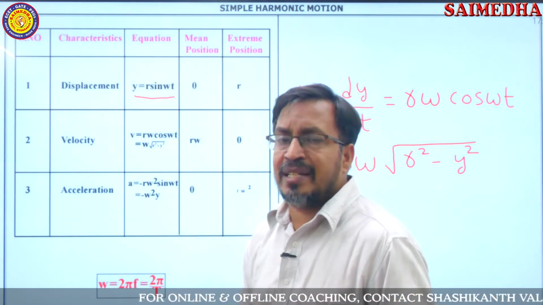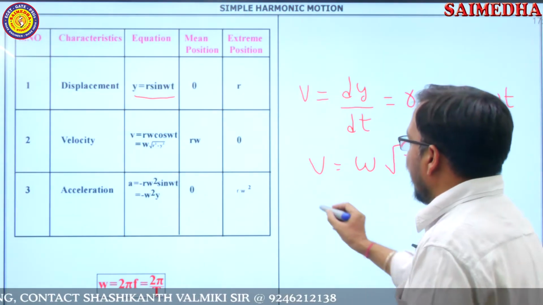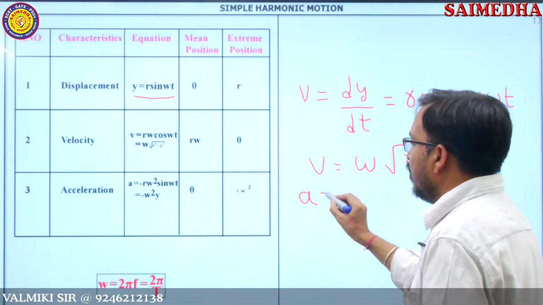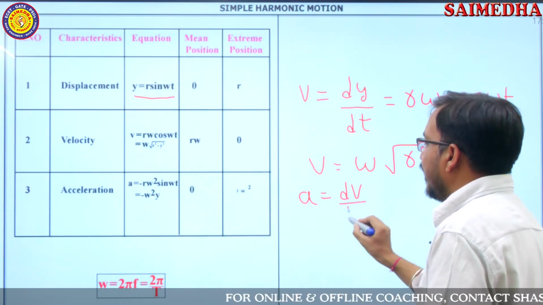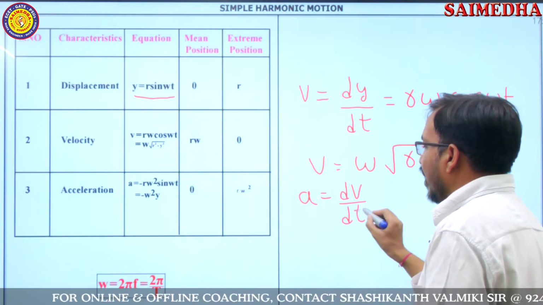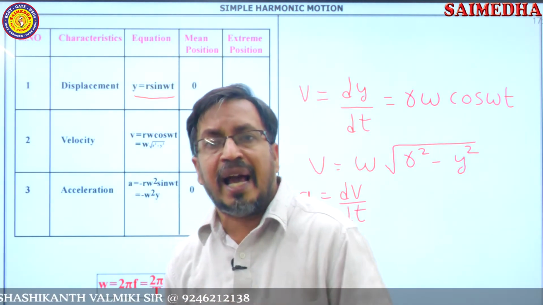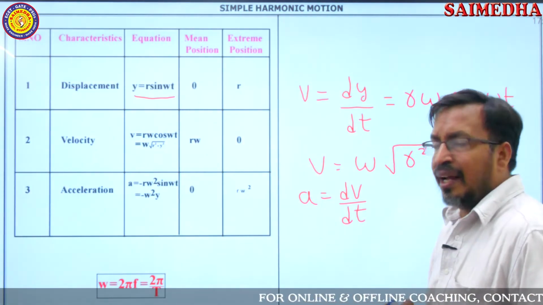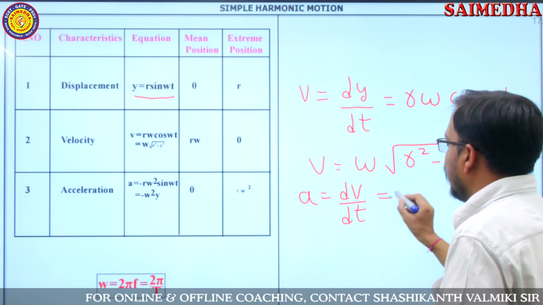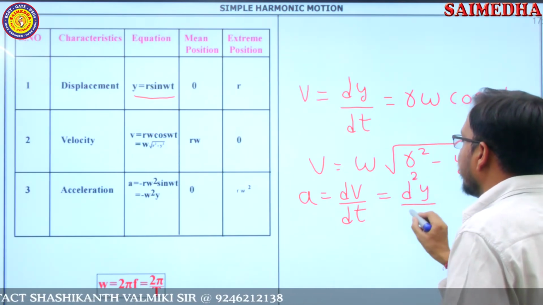Similarly, acceleration, here 2 definitions. One is acceleration equals the derivative of velocity, that is dv by dt. The rate of change of velocity is known as what? Acceleration. Again v equals dy by dt. Hence acceleration equals d square y by dt square.